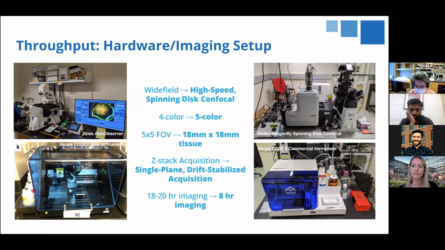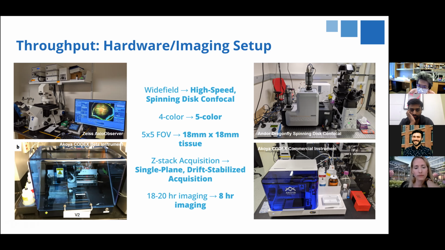For example, with the commercial setup that you get when you contract with Akoya, you get the CODEX instrument here. This is the beta version that we used to use, and it's fitted for a wide field microscope. Wide field microscopes are great. The Zeiss is a good microscope, but you may not have as nice of pictures, and you may get some out of focus light.